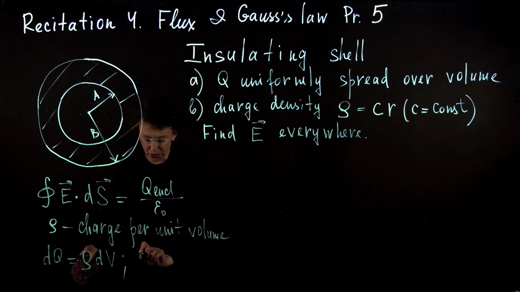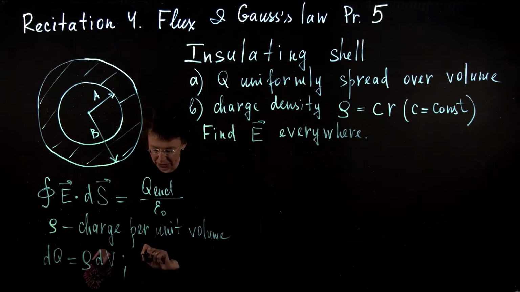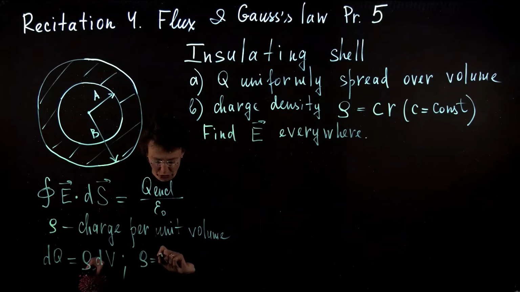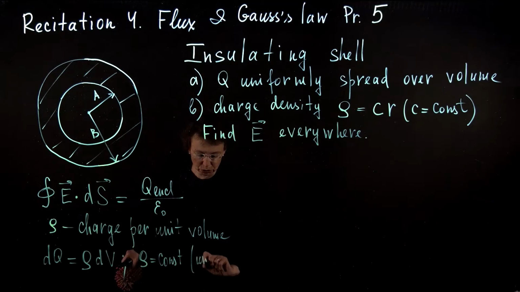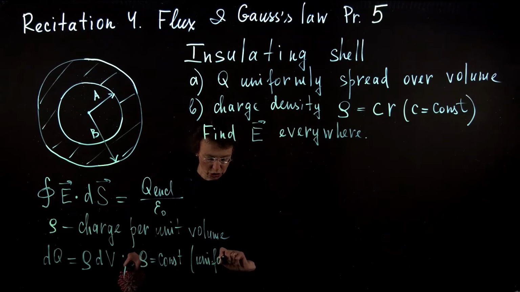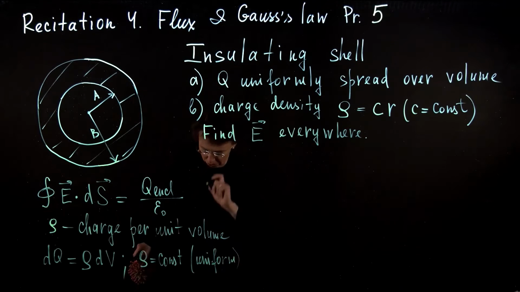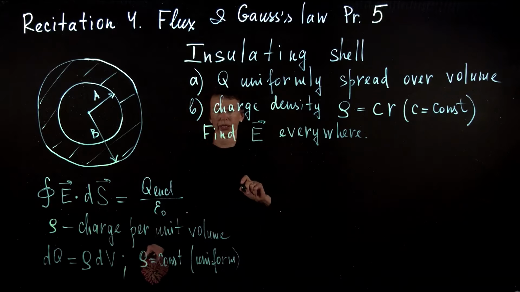Then, if charge is uniformly distributed and rho is constant, as for part A, we will have a uniform distribution of charge. Then what do we have?